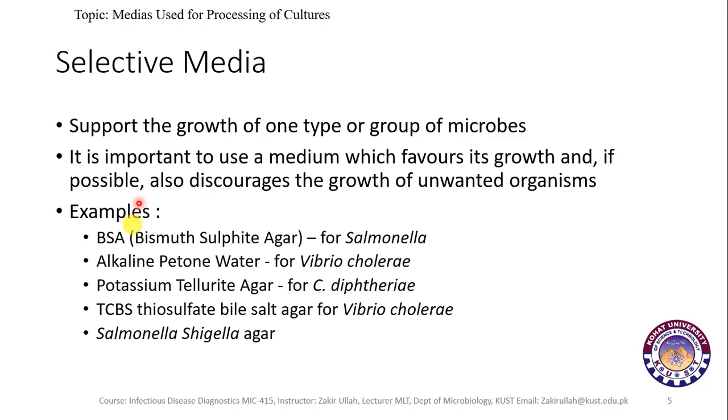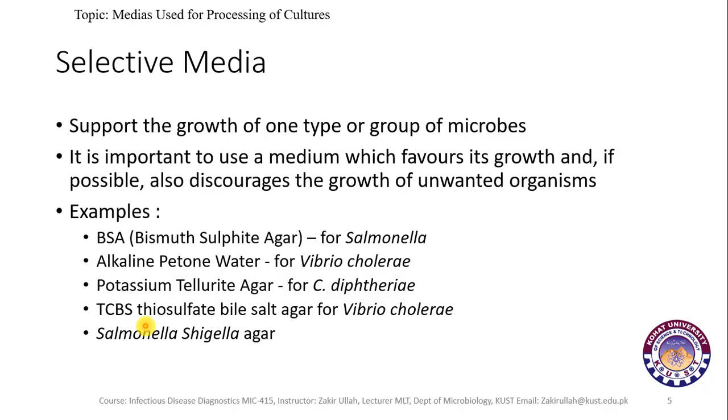The example of selective media is bismuth sulfite agar or BSA. It is used for the culture and isolation of Salmonella species. Alkaline peptone water is a selective media used for the isolation of gram-negative bacteria, Vibrio cholerae. Third, potassium tellurite agar is required for the selective growth and isolation of Corynebacterium diphtheriae.